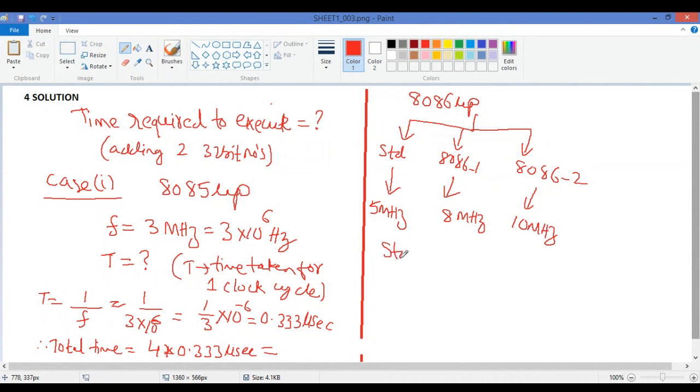For the standard version, the frequency is 5 into 10 to the power of 6 hertz. So for one clock cycle, 1 by 5 into 10 to the power of 6, 1 by 5 is 0.2 microseconds.